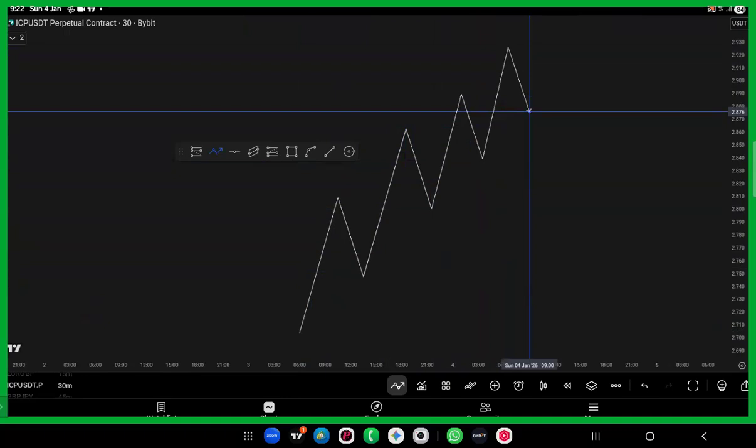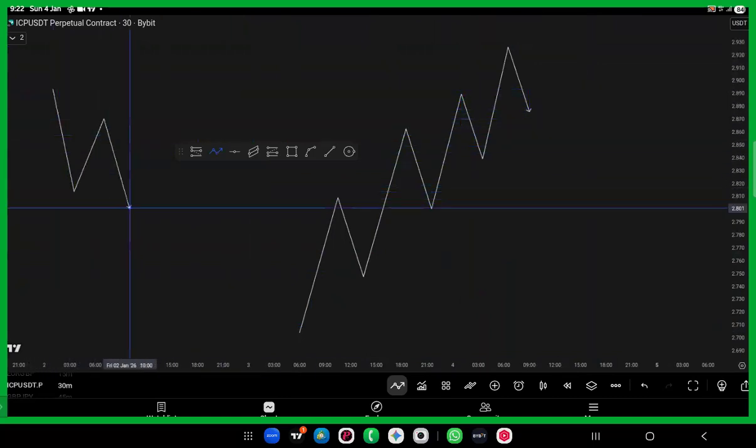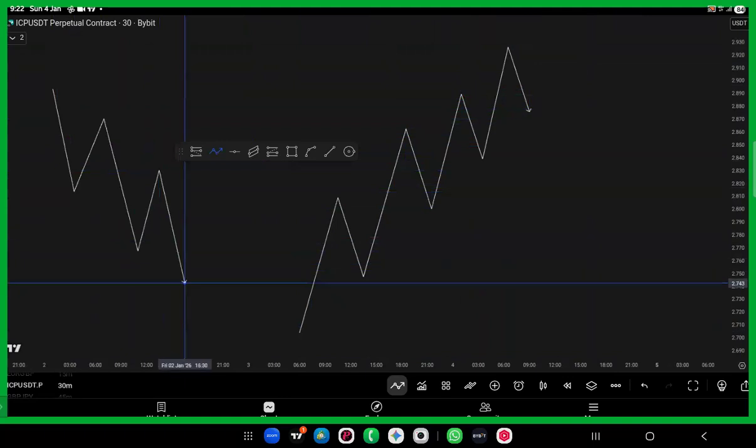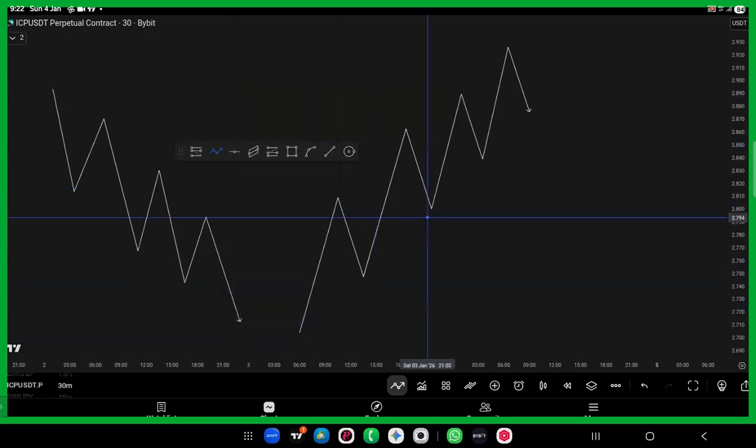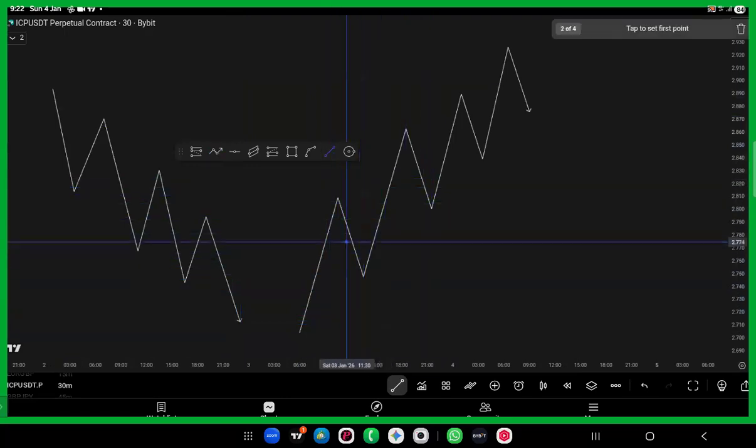Your trend is when the market is moving like this, having a direction, right? Then we also have this one. Based on market structure, we said that this one is the downtrend and the other one is the uptrend.